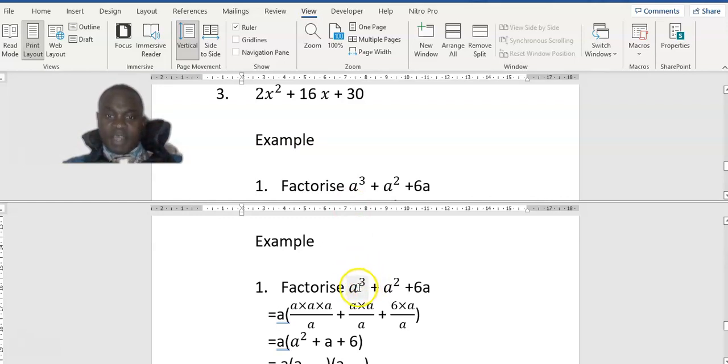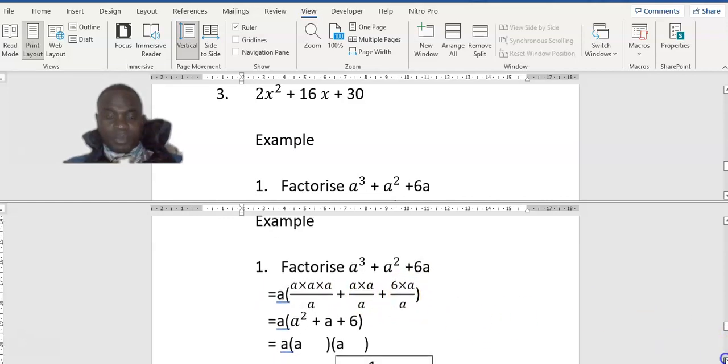So here we have a to the power 3, a to the power 2, and a. So we can bring a out. So here you are going to have a to the power 3, which is the same as a times a times a, over this a, plus a times a over this a, plus 6a over this a.